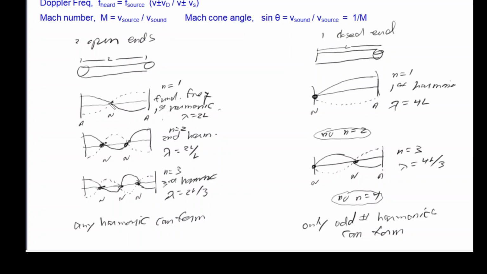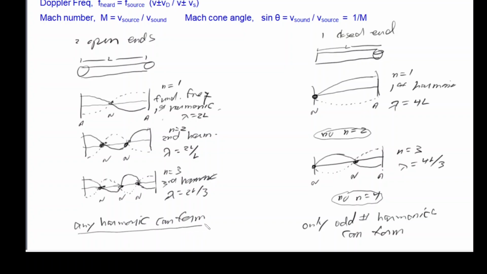And you have your node where there's 0 amplitude, and your antinodes at the ends where the pipes are open. And you can also then see where n equals 2, you have your second harmonic, and n equals 3. So you can go through n equals 1, 2, 3, 4, and basically any harmonic can form.